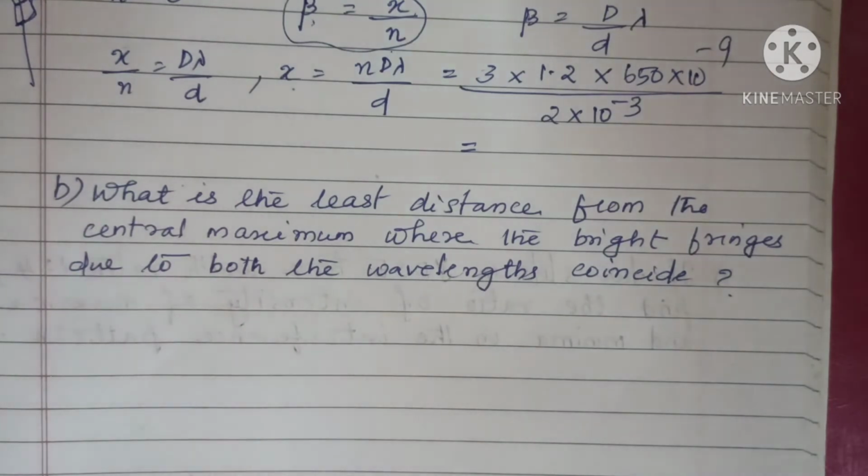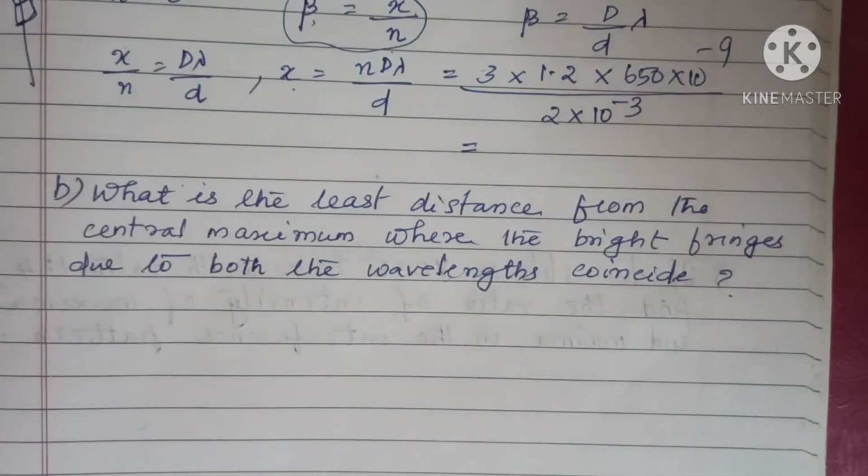We have two wavelengths here, that is lambda 1 is 650 and lambda 2 is 520 nanometers, and at some distance from the central maximum, the bright band of lambda 1 coincides with the bright band of lambda 2. Understood? That distance you have to find.